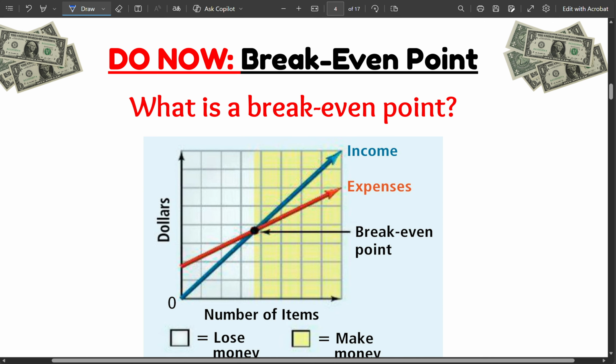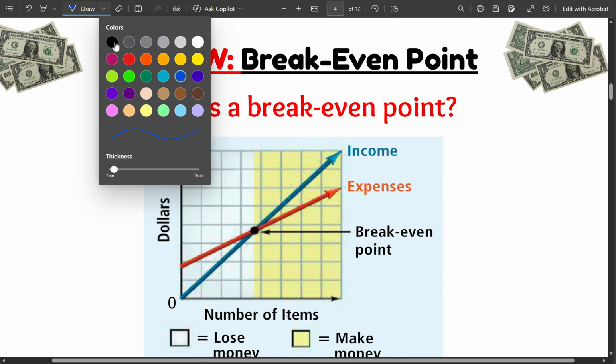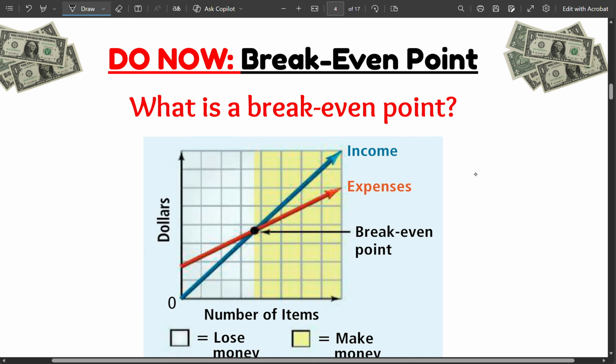So a break-even point is the point after which you earn profit, or after which you earn money that you can keep.